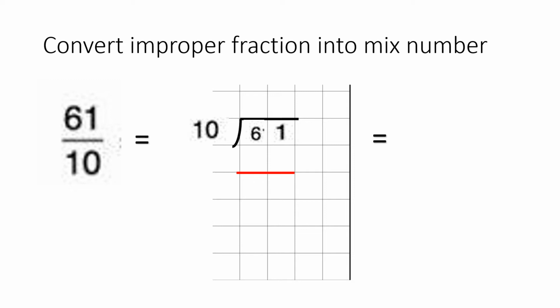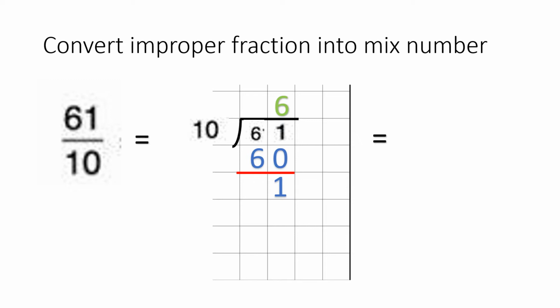Do you have 61? No. You have only 60, which is the nearest. So you need to put 60. 10 times 6 equals to 60. Now you minus and you get the remainder. 61 minus 60 is 1.